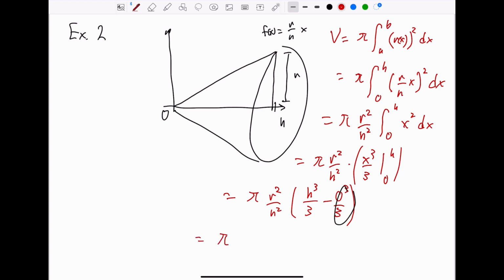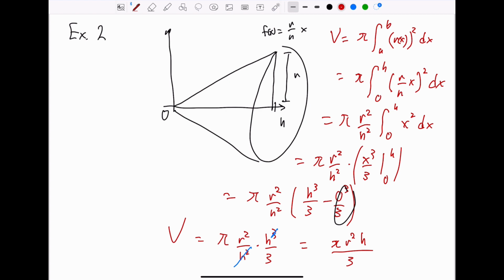So we have pi times r squared over h squared times h cubed divided by 3. I can cancel h squared with the h cubed, and I'm just left with an h. So my final answer here is pi r squared h divided by 3.